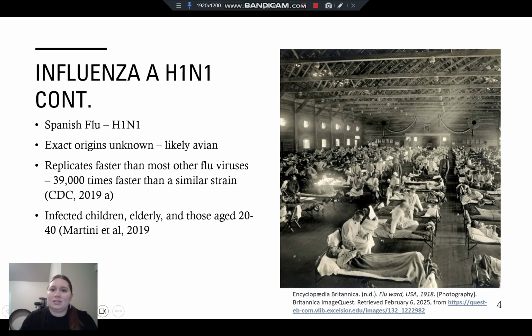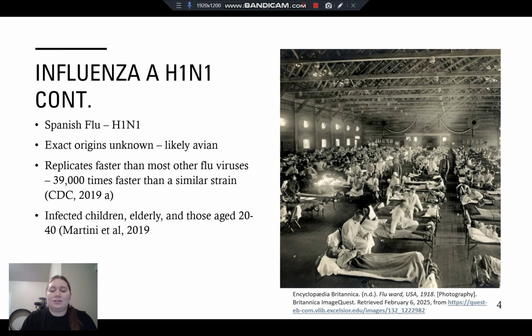Now, all those things that I just mentioned are also a part of Spanish flu since it is an influenza A virus. However, Spanish flu also has some really uncommon things that happen with it. So the exact origins are unknown because it happened so long ago, but it was likely an avian virus. So that's going to mean it started in birds and then mutated to infect humans.